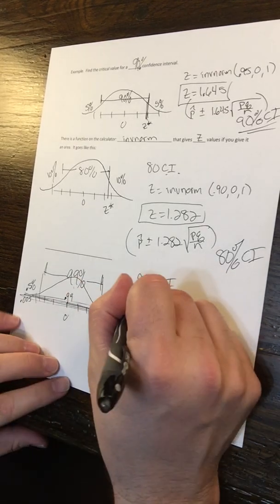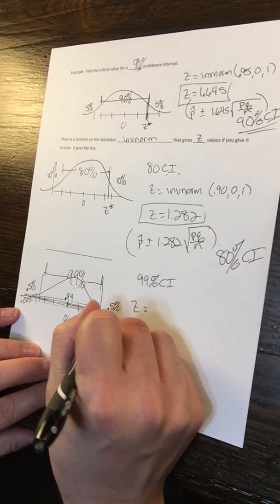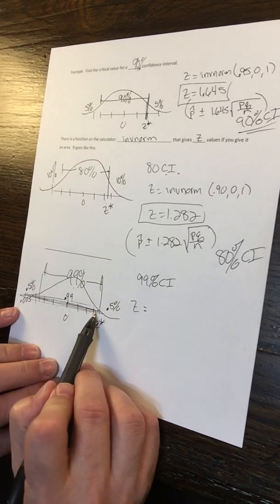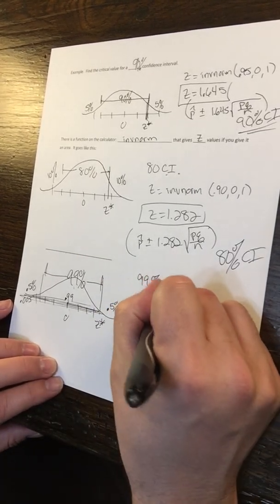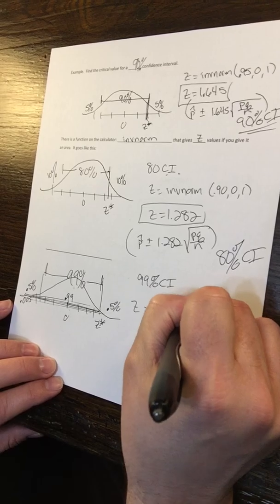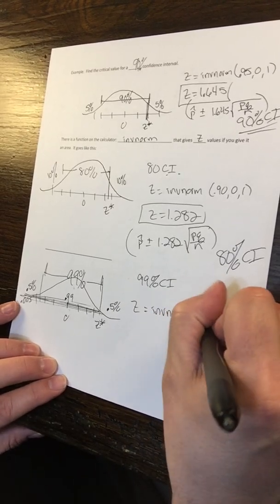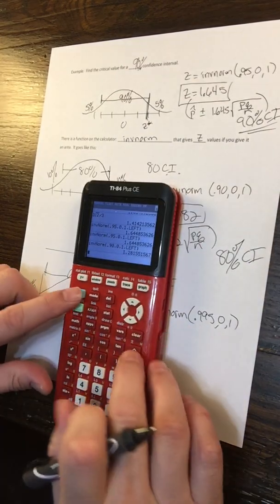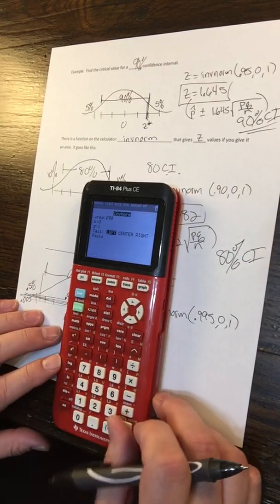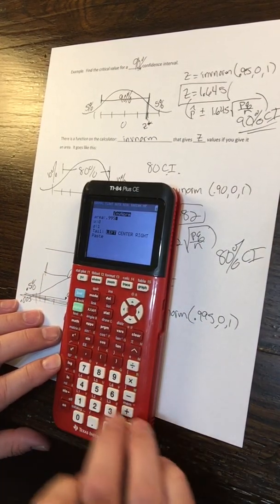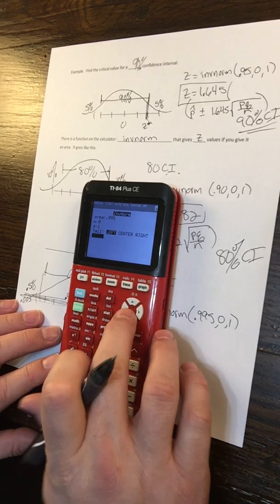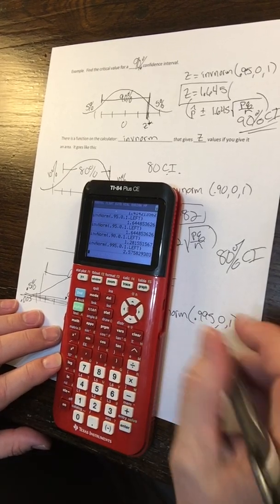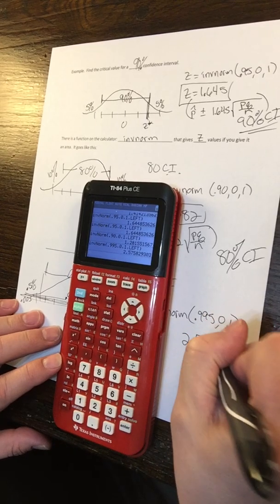Okay, so this z, and by that z I mean this one right here telling me how many standard deviations I have to go to be 99%, will be inverse norm of 0.995 and 0 and 1. Here we go. Second variables, inverse norm, 0.995 and 0 and 1. All right, I get 2.576.